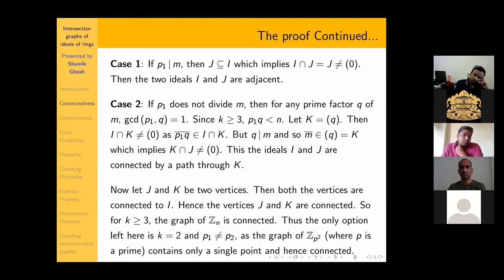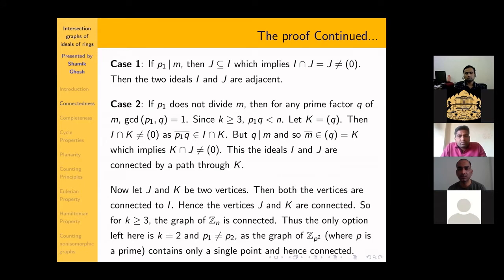So our ideal I generated by P1 is adjacent to J as well as adjacent to K, right? So ideal I is adjacent to K, and ideal J is adjacent to K. So I is connected with J through K. I to K, there is an edge. K to J, there is an edge. So from I to J, there is a path through K.